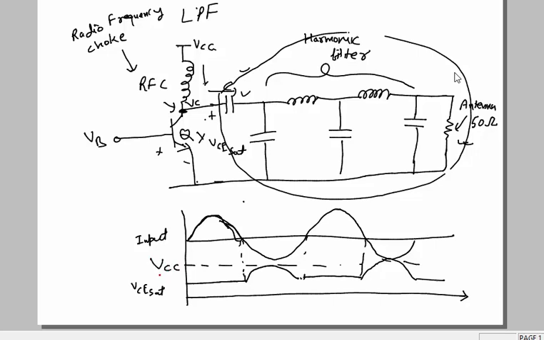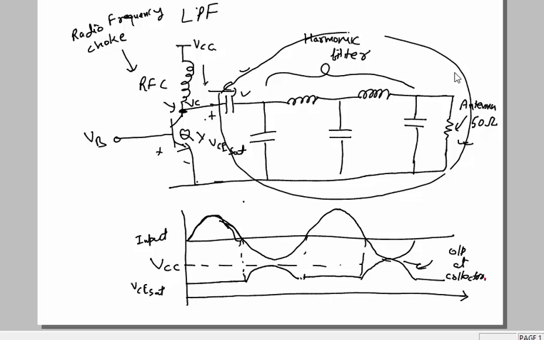It's not to scale, but I hope you understood the idea. So this is the output at the collector, and this is how we get that. It's very simple. The only thing is that here we are removing the poor efficiency of class A by using class C, with a low pass filter and harmonic filter.